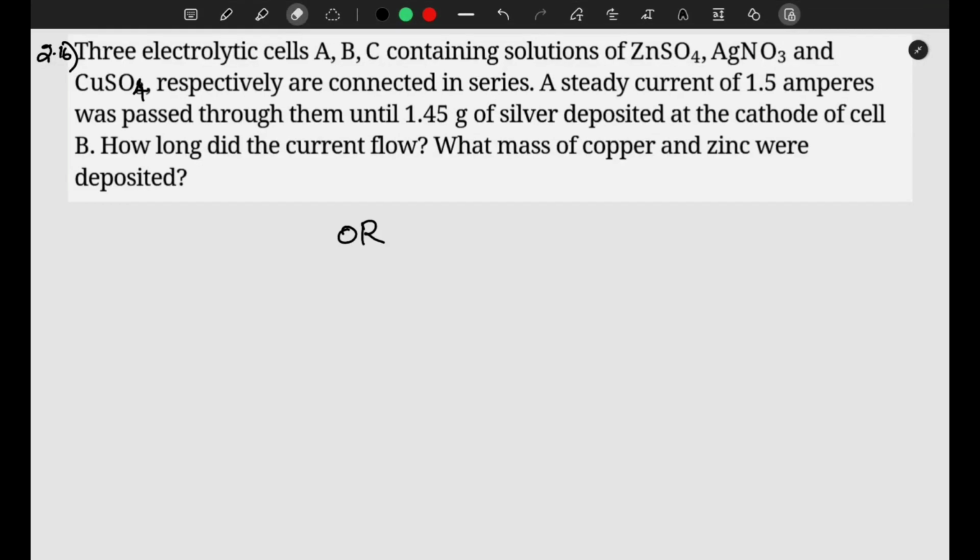This question we can do in one more method, that is mass of substance deposited. So mass of silver by its electrochemical equivalent, that is atomic mass of the metal divided by number of electrons required to reduce the cation. Here the cation is Ag+, so 1 electron is required for reducing it.